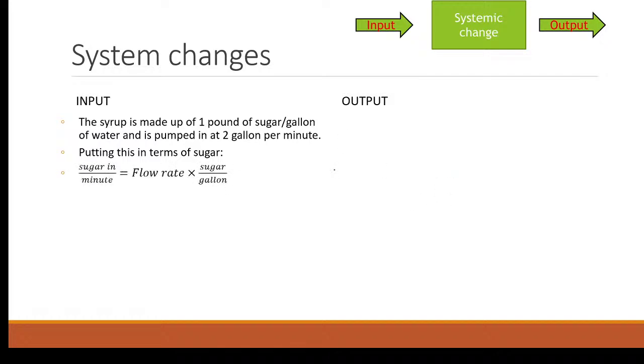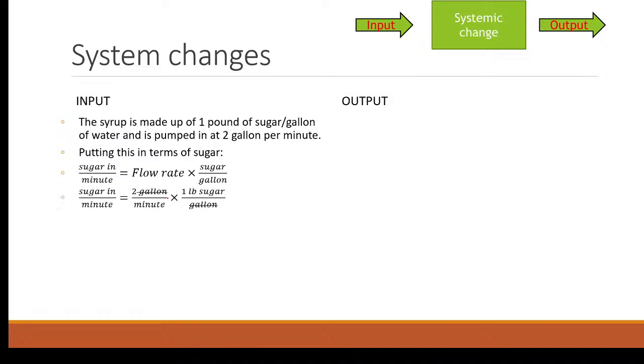So how much sugar goes in per minute is equal to the flow rate, which is 2 gallons per minute, times 1 pound of sugar per gallon. And this will break down like we saw on the first slide. That'll give us pounds of sugar going in per minute.